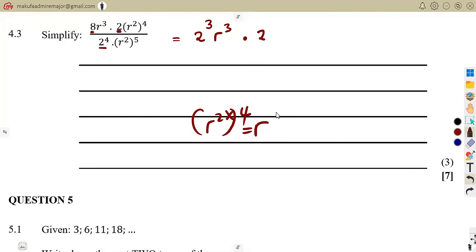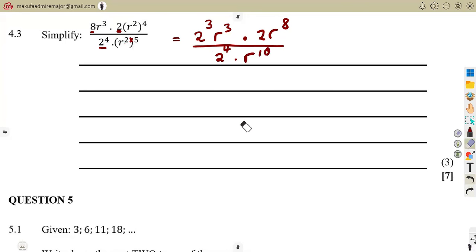So that is r to the exponent of what? 8. 2 times 4, that is 8. 2 to the exponent of 4 is not affected by that exponent. It's on its own. Then the r is the one that is affected there. So that's r squared times, you multiply 2 times 5, which is a 10.